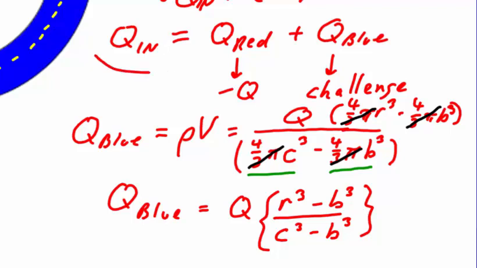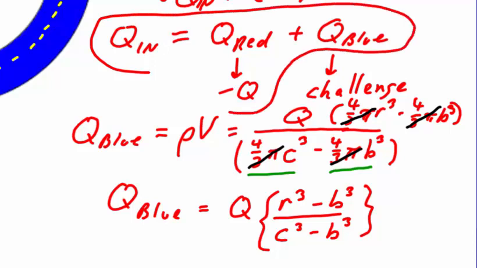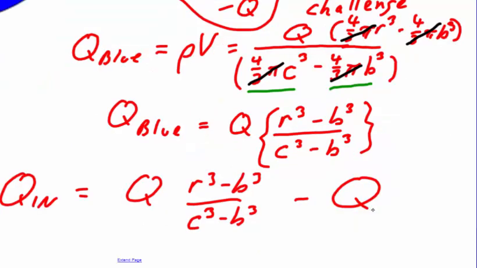Let's not forget that Qin is not Q blue. Qin is in fact Q blue plus Q red, and we can combine these to get the final result for Qin, which will then allow us to solve this part of the problem exactly. Here I've written the Q blue term first in order to make a pretty expression with respect to the minus sign.